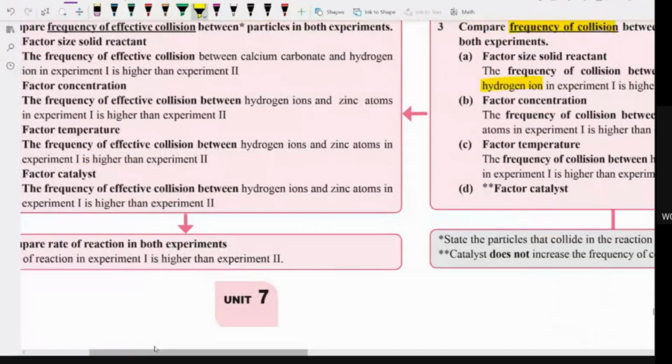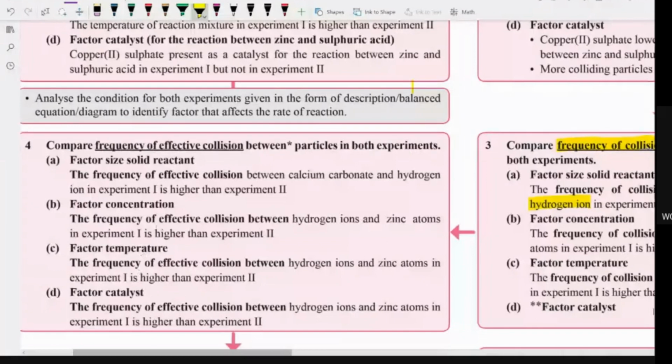Then point number 4. After the frequency of collisions, now the frequency of effective collisions. The only difference is this one has the word effective. So the frequency of effective collisions between the particles, still calcium carbonate and hydrogen ions, in experiment 1 is higher than experiment 2.